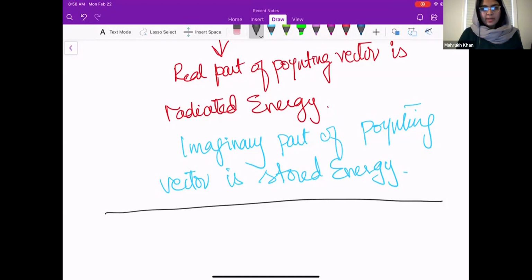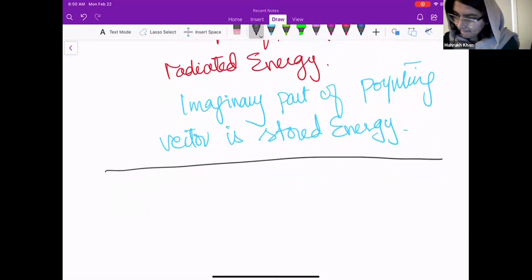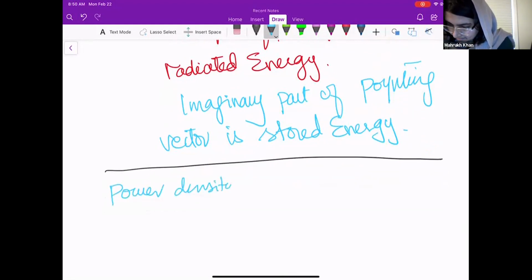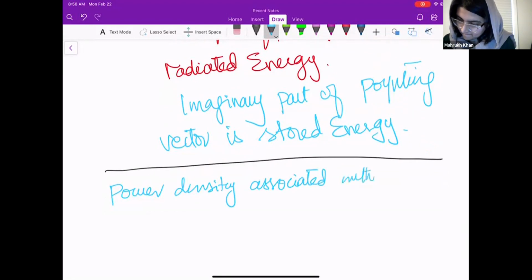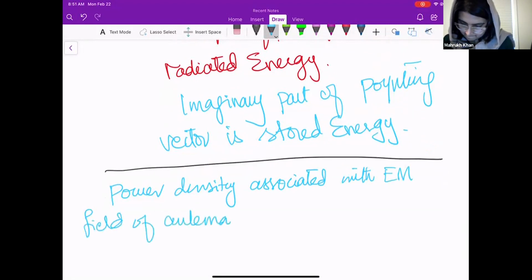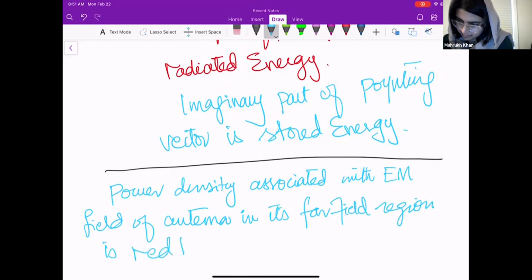Another point I want to make is that in the far field region, the antenna's power density is always real, okay?